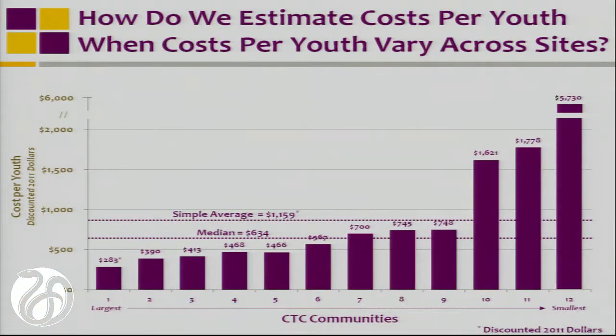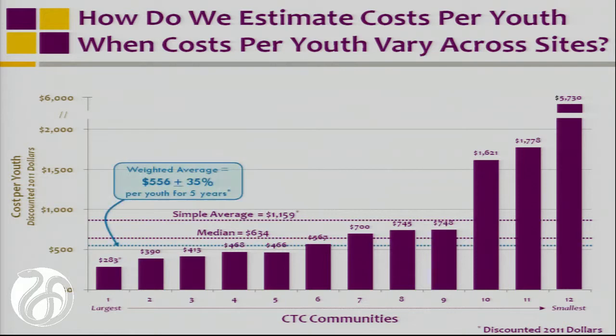And in our early work, we chose to go with that simple average figure because it was really conservative, and we knew that any cost-beneficial results we came up with would have really strong legs to stand on the cost side. In our later work, however, we came to think that this simple average cost really doesn't reflect too well the cost in most of our communities.